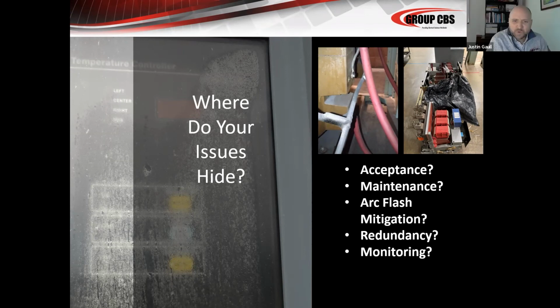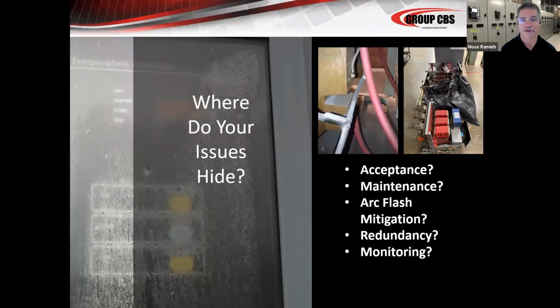I have another question. What are your thoughts on arc resistant gear? So arc resistant gear is fantastic, and for those of you that are not familiar with it, it's essentially built like a tank, right? It has thicker steel, bolted covers, and also incorporates channels, flumes, chimneys, that basically direct any arc that were to occur away from where the operator would stand.